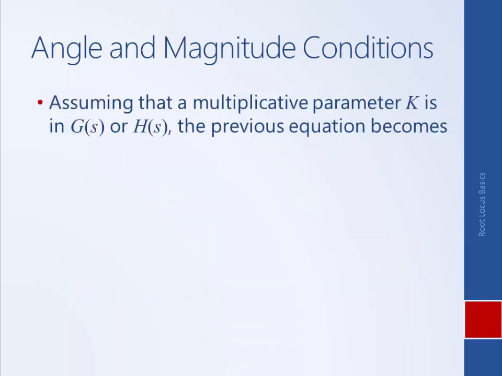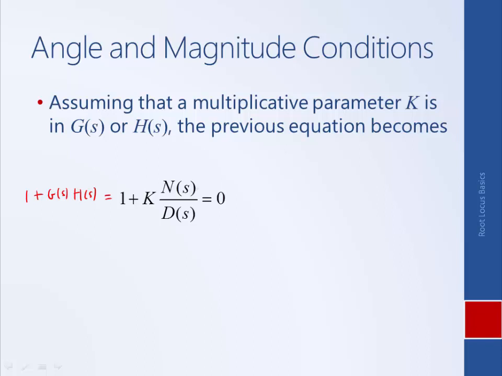And so what we're going to do is assume that we have some multiplicative parameter k, and we'd like to examine how the system changes with changing of that parameter. Okay, so on the previous slide we had 1 plus G of S times H of S, and in this case we factored out a k.